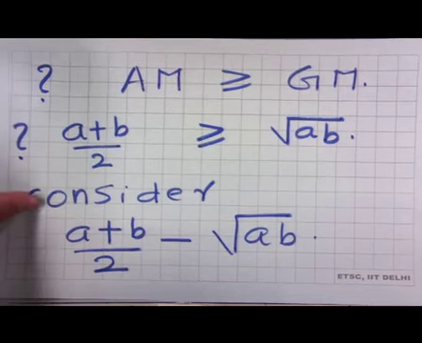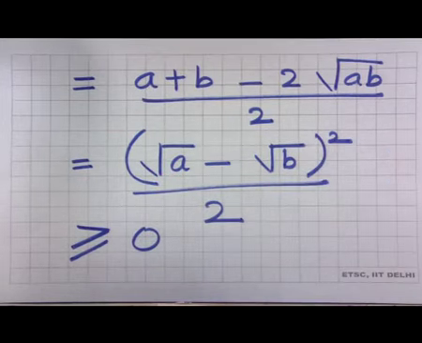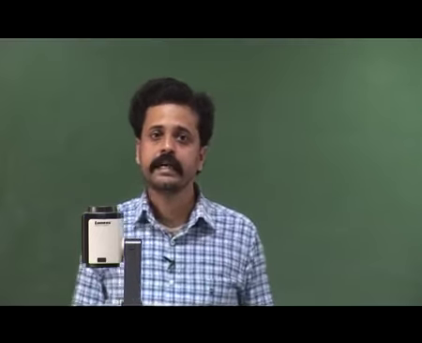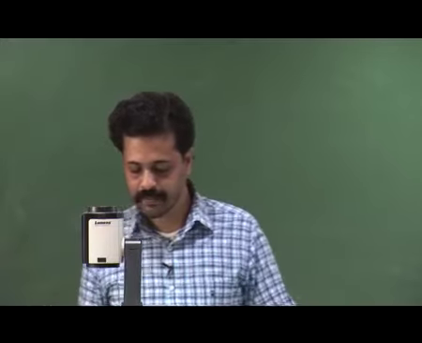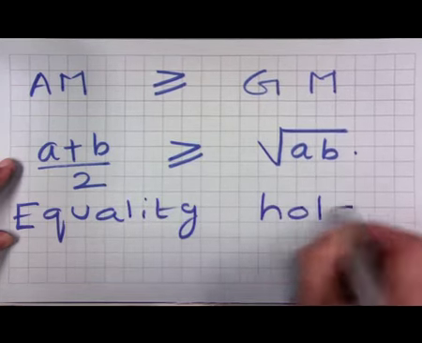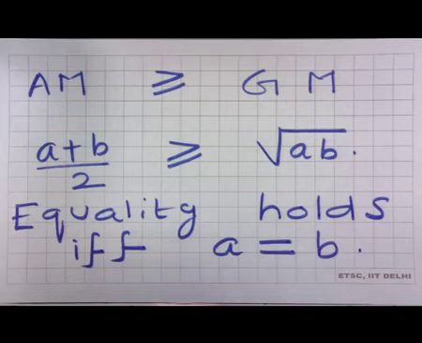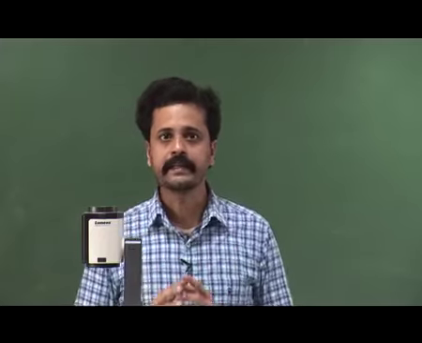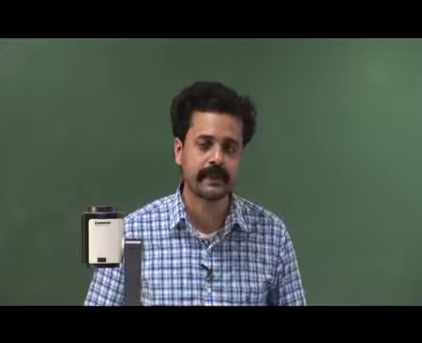So, the question reduces to when (root A minus root B) the whole square coincides with 0, and the answer is that's when root A equals root B. Since we deal with positive numbers, it's equivalent to say A equals B. Thus, the observation is that equality holds if and only if A equals B. To conclude, arithmetic mean between two numbers is always greater than or equal to geometric mean between them.